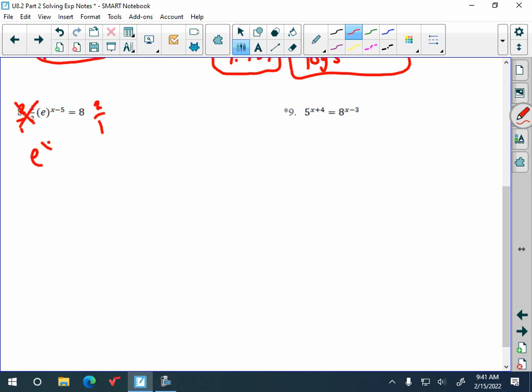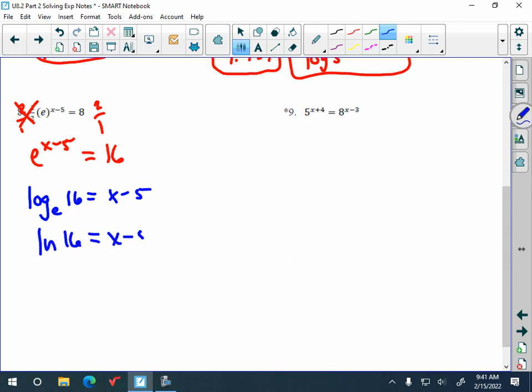All right, so e to the x minus 5 equals 16. All right, and log base e of 16 equals x minus 5. Log base e is ln 16 equals x minus 5. You can add 5 over. Okay, be careful when you add 5. You're not adding 5 to 16. You're adding 5 to ln 16.